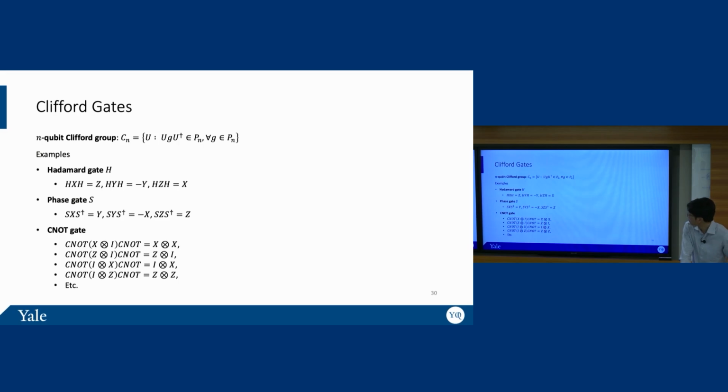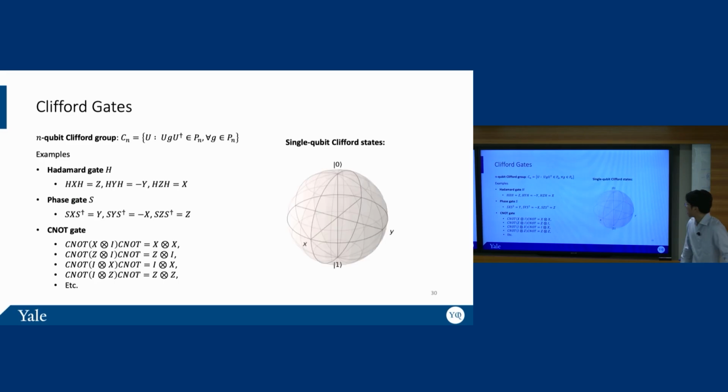But however, we have to say that these do not form a universal set of gates in the sense that if you start off with a 0 state and perform only Clifford gates or Pauli gates on these quantum states, you do not get to, for example, only the single qubit ones. Right? So this is a Bloch sphere for the single qubit.